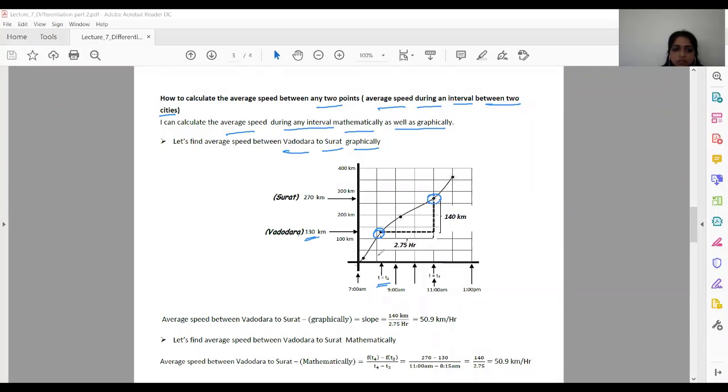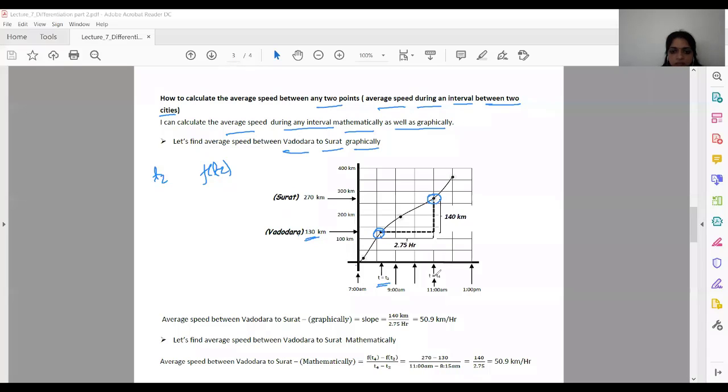So students, this t2 indicates the total time covered to reach Vadodara, and this f of t2 indicates the total distance from Gandhinagar to Vadodara.